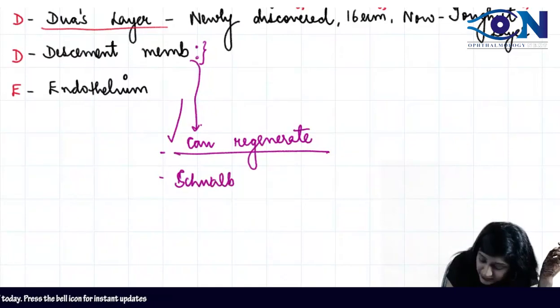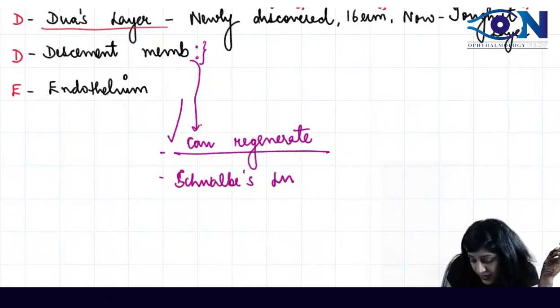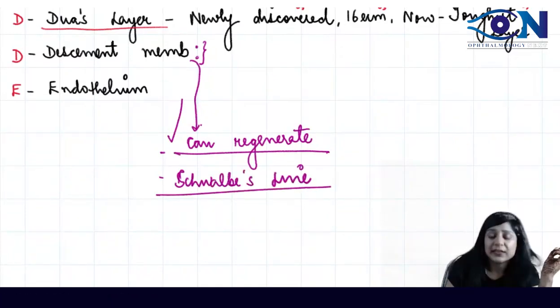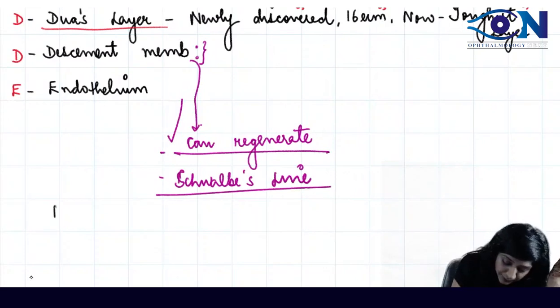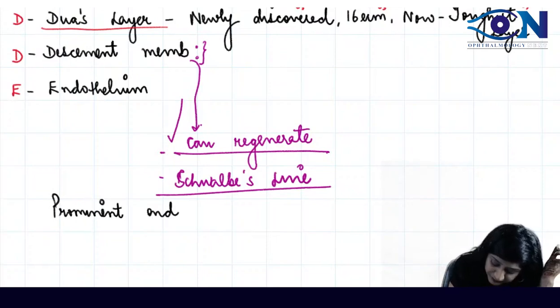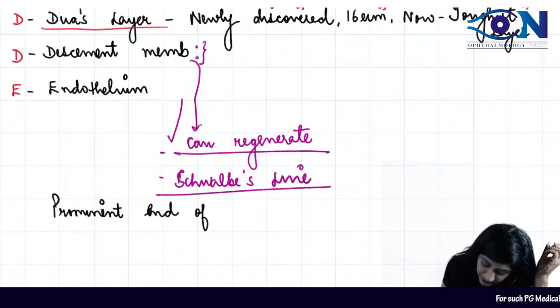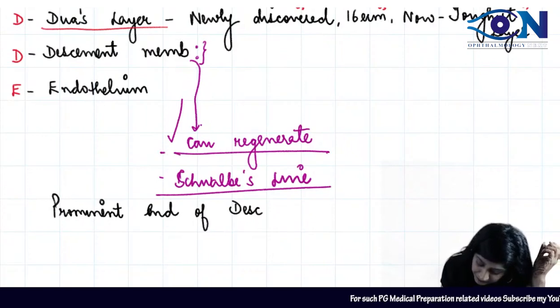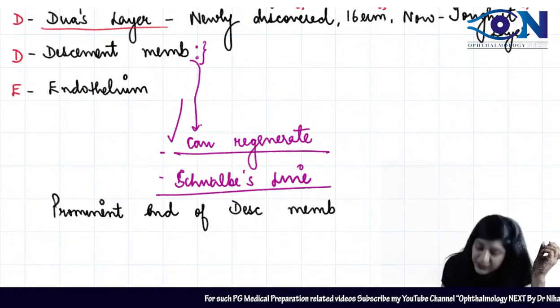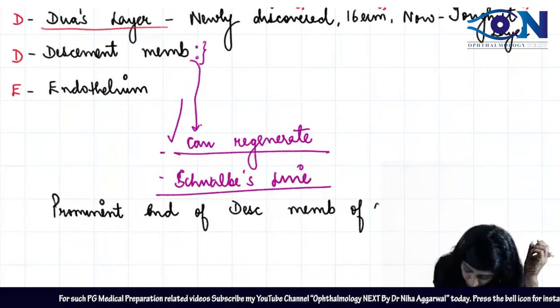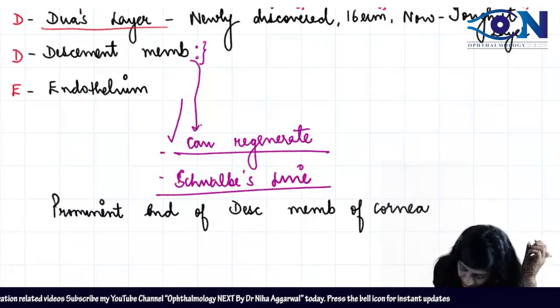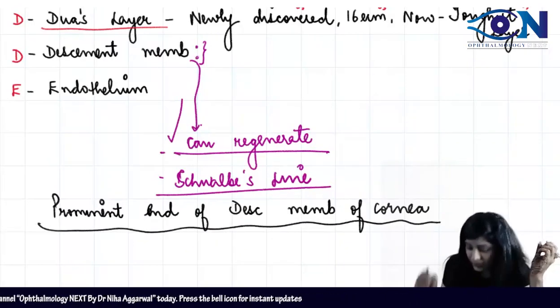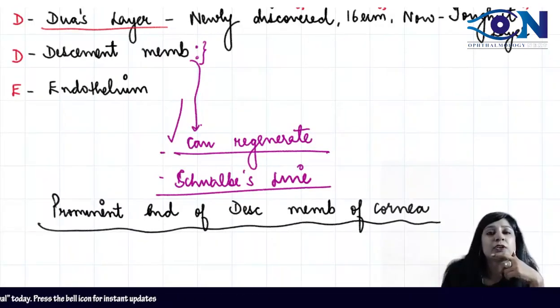What is Schwalbe's line? Anybody? Schwalbe's line is again an MCQ in itself. It is the prominent end of the Descemet's membrane of the cornea.